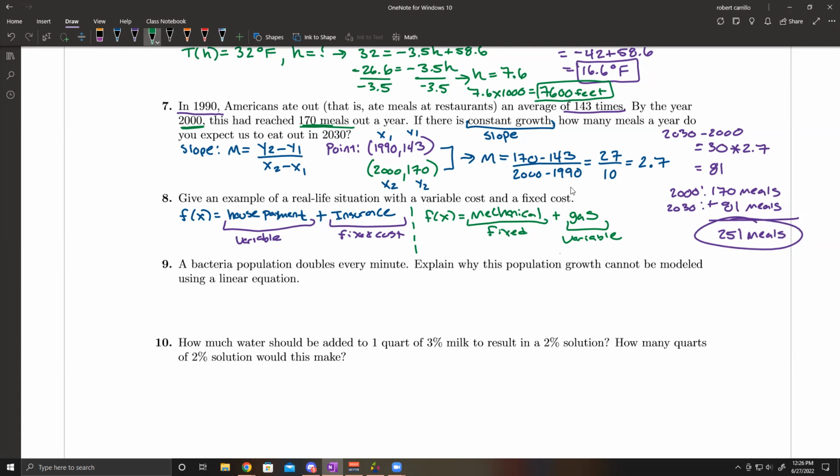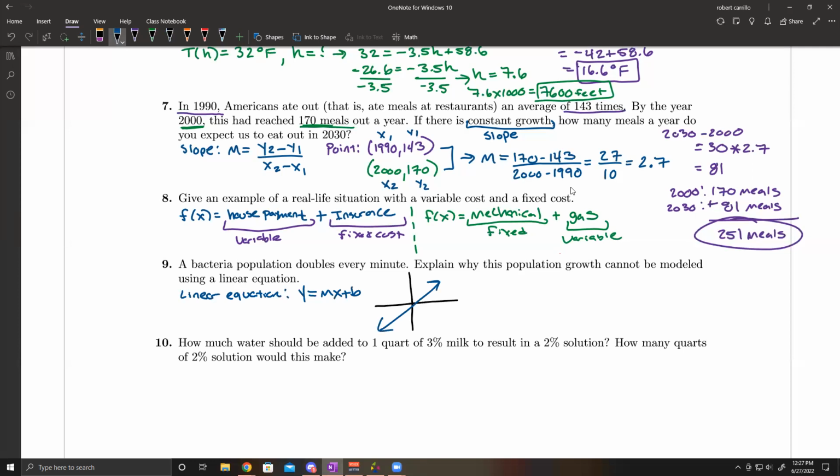Number 9, a bacteria population doubles every minute. Explain why this population growth cannot be modeled using a linear equation. So remember that a linear equation or function is given as y equals mx plus b, or f of x equals mx plus b. And remember, since it's linear, it is just the graph of a line.